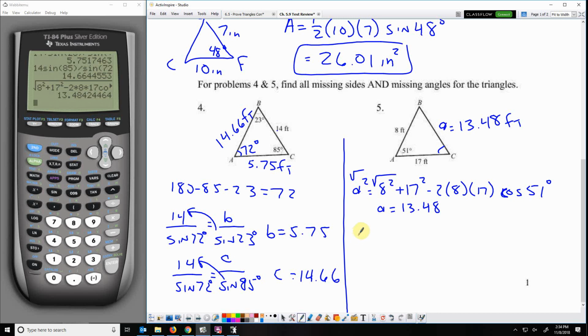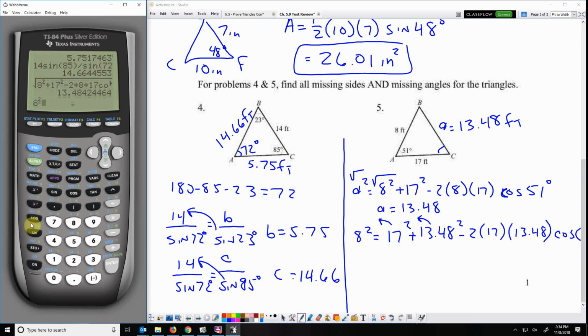We would do 8 squared equals 17 squared plus 13.48 squared minus 2 times 17 times 13.48 times cosine C. Okay, so I'm going to subtract both of those.